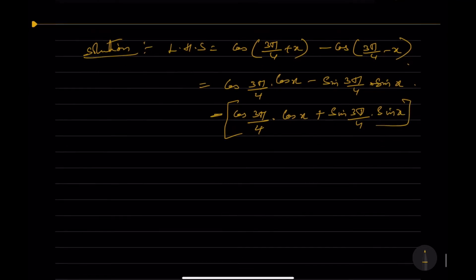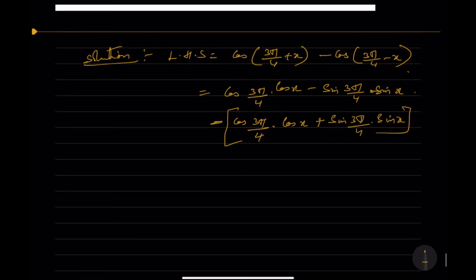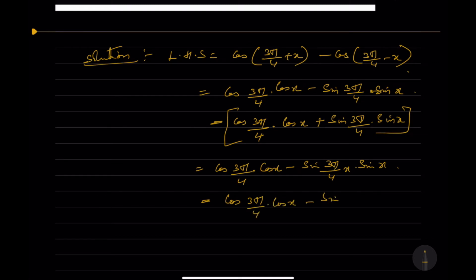So that is equal to cos 3 pi by 4 into cos x minus sin 3 pi by 4 into sin x minus cos 3 pi by 4 into cos x plus sin 3 pi by 4 into sin x.